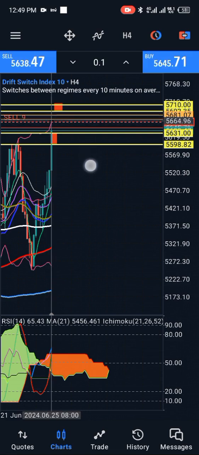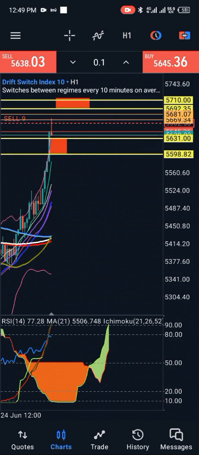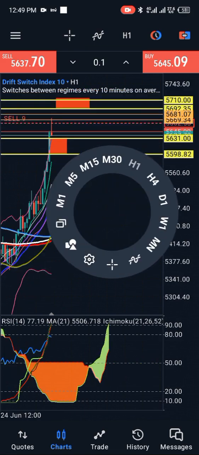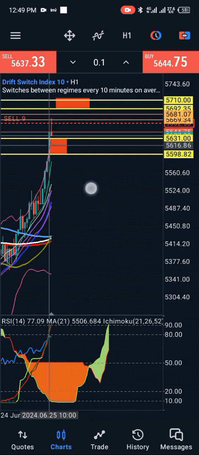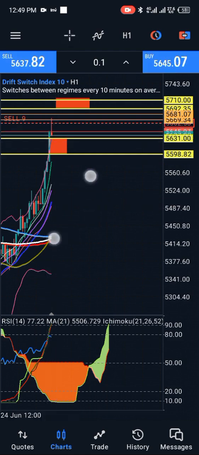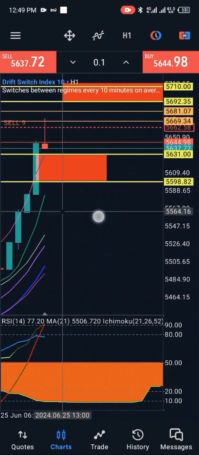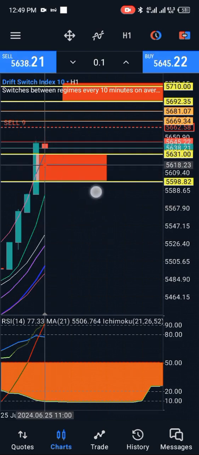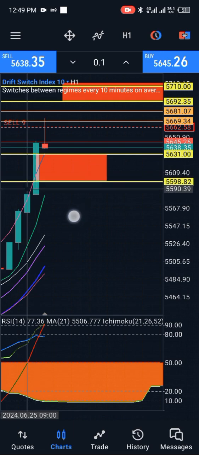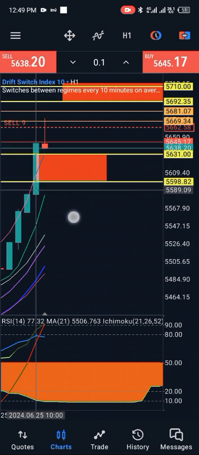This particular H4, and also H1 is out of this Bollinger Band, this line here, this particular moving average here is my Bollinger Bands. So H1 is out of it.